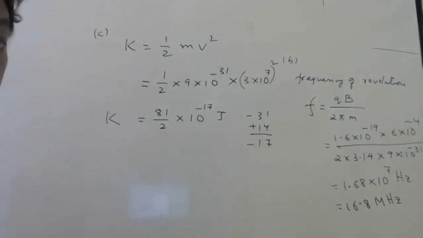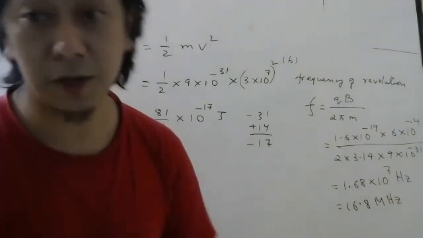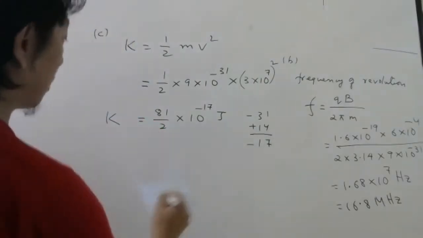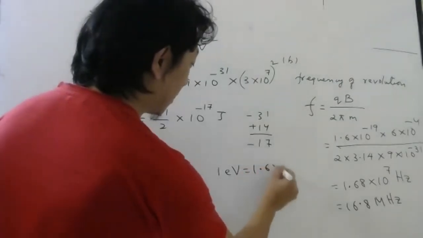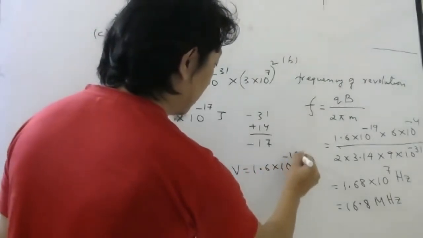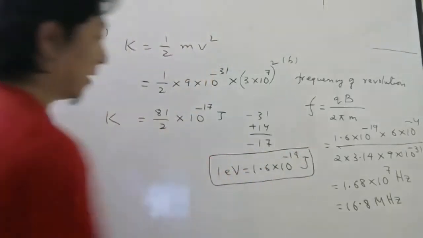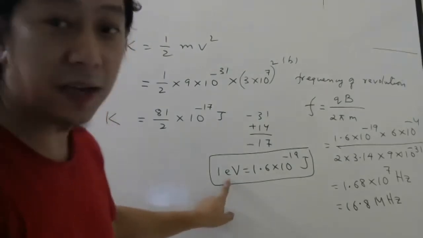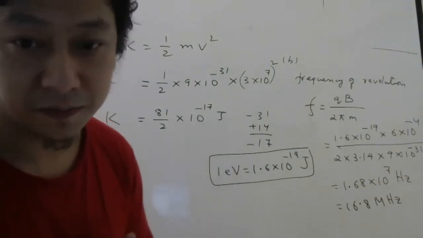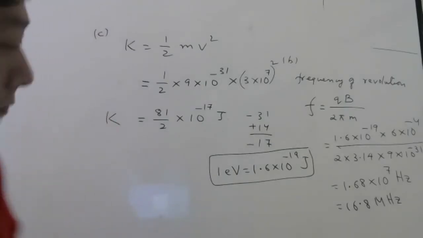So once you get the answer in joules, you have to convert into electron volt. And how to convert? 1 electron volt is 1.6 into 10 power minus 19 joules. In the question also it is given. When I teach photoelectric effect, at that time I will define electron volt, not right now. Right now we don't need it.